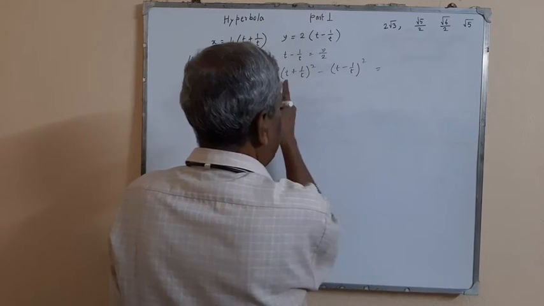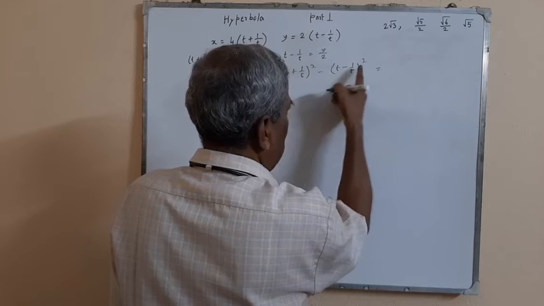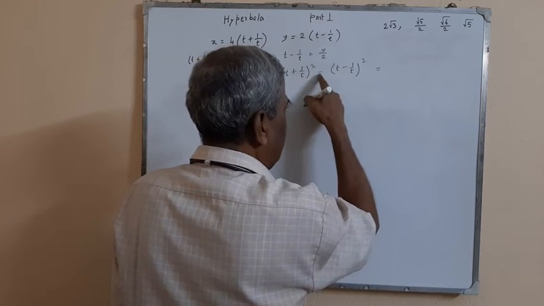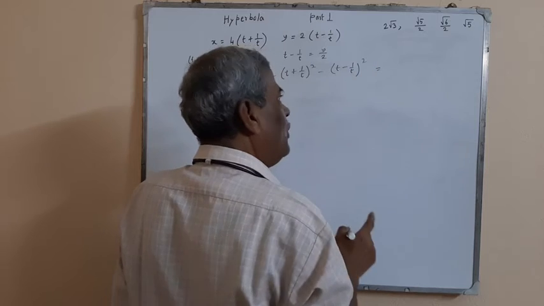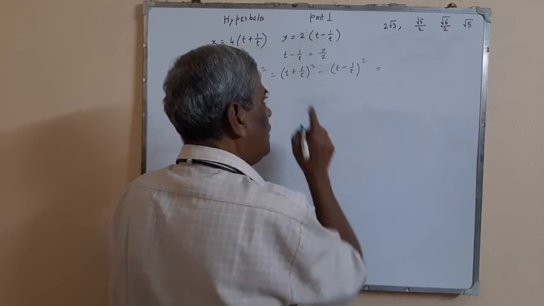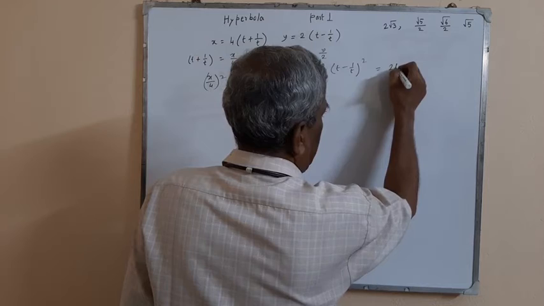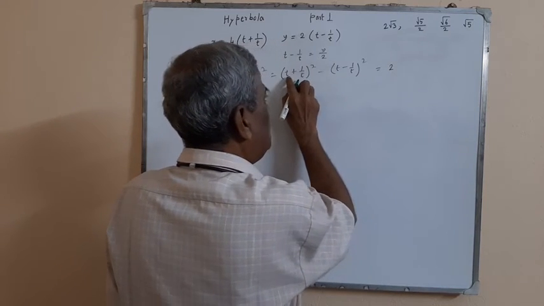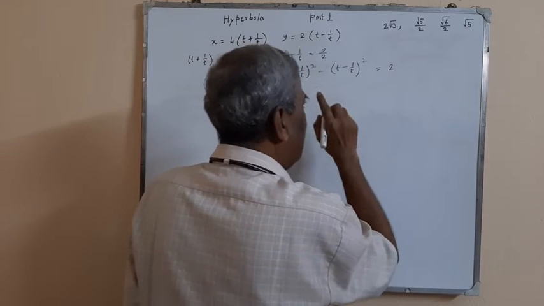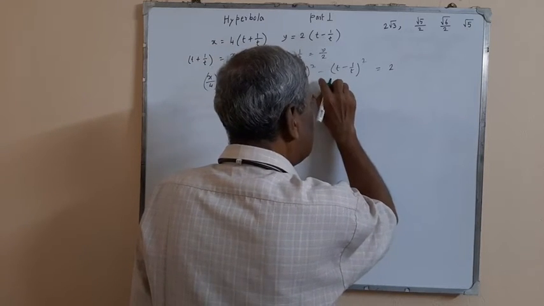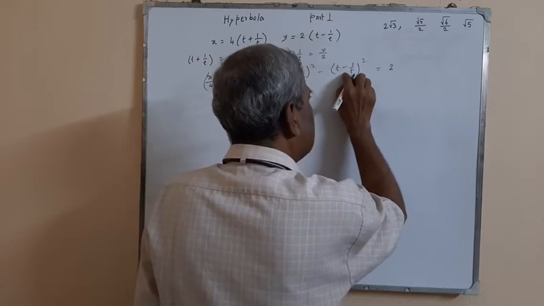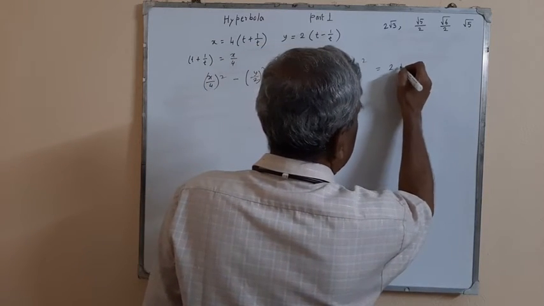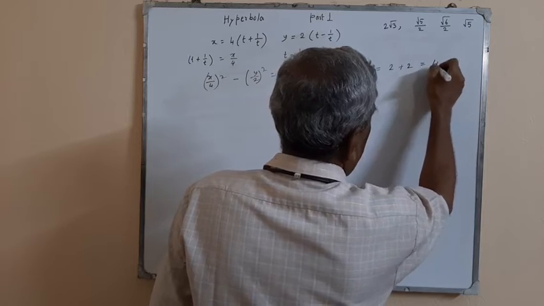The t square and the 1 by t square terms will cancel. The product terms give 2 into t into 1 by t, and minus of minus gives another 2, so it is equal to 4.